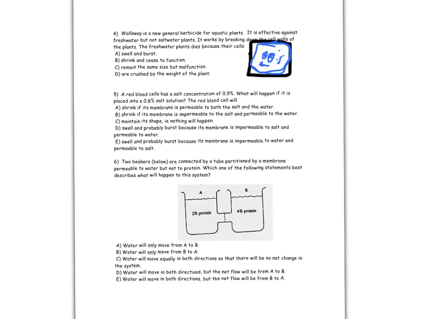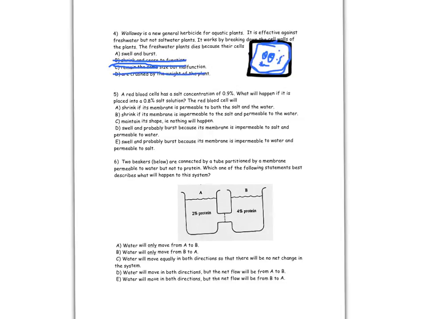It just sits there. It allows things through, it has pores, but it doesn't do anything. It's made of cellulose. It's the wood that we sit on. So remain the same size but malfunction doesn't make sense. Shrink and cease to function doesn't make sense because the cell wall is not going to stop the cell from shrinking. It's crushed by the weight of the plant. That doesn't make sense either.